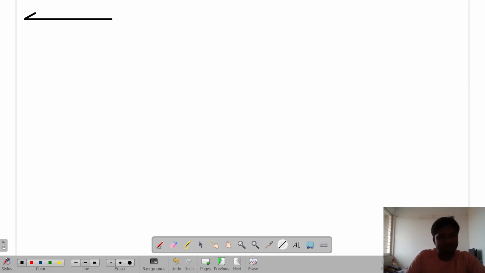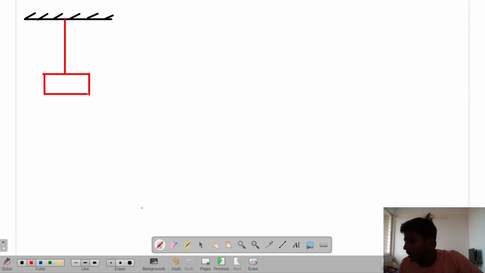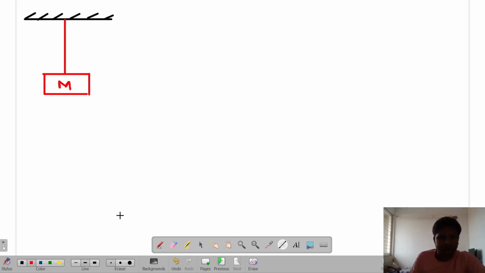Let's suppose we repeat the question which we did in the revision class, but now it will be a little bit more difficult. There is a block of mass m and height h, which is submerged inside a liquid.